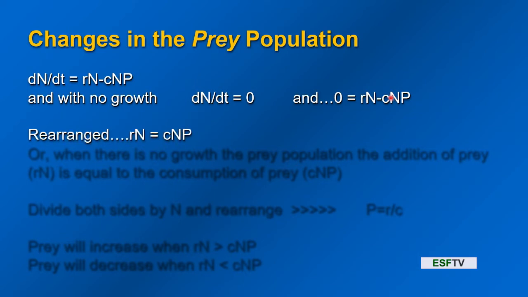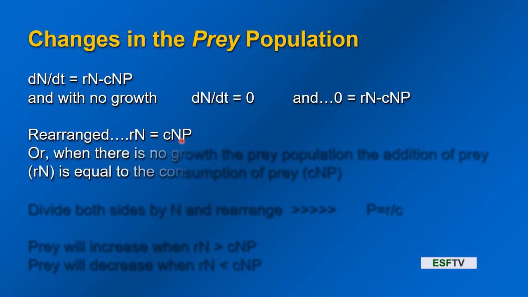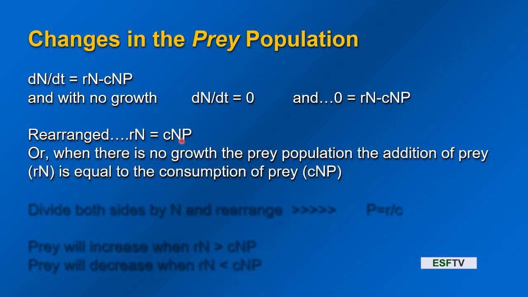So we rearrange this equation, subtract rN from both sides, and get rid of the negative sign on both sides. Then it becomes rN equals CNP. So when there's no growth, the rate of growth of the prey should equal the consumption of the prey by the predator.